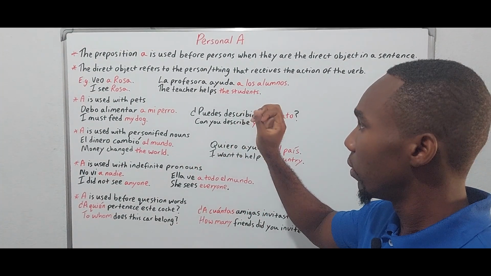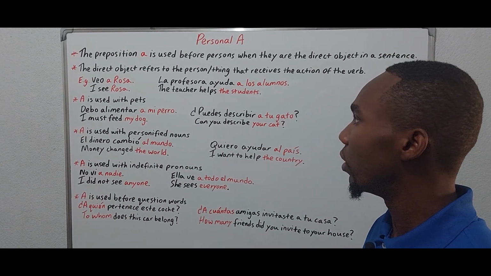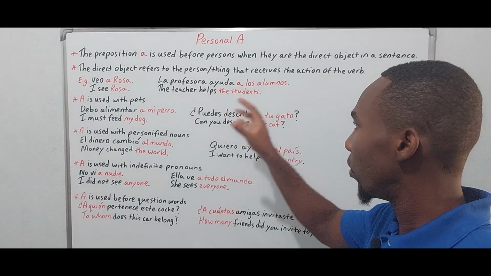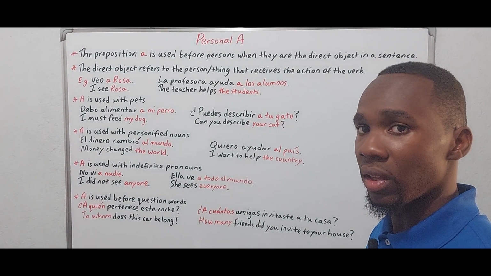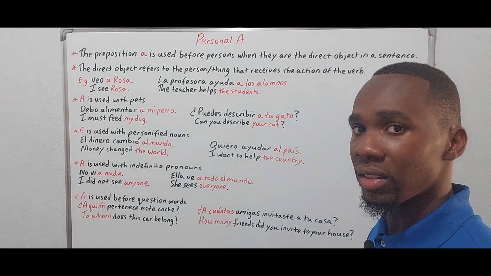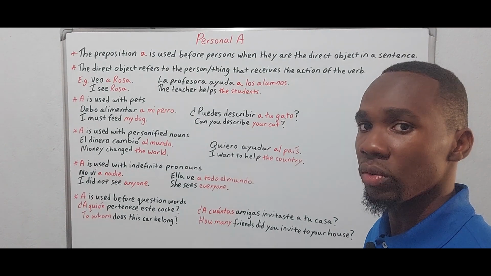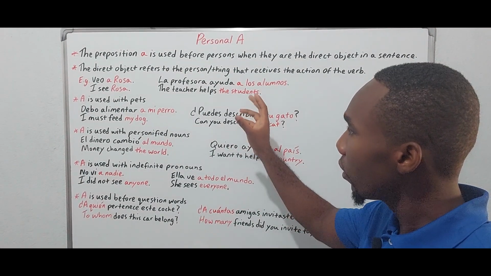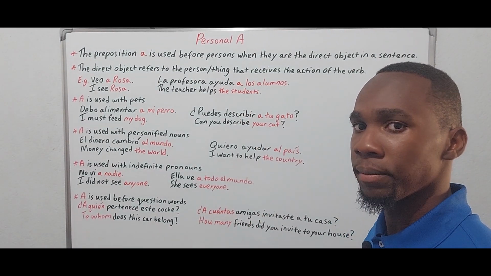That's right. La profesora ayuda a los alumnos. The teacher helps the students. A los alumnos who receive the assistance, who receives the assistance? Los alumnos, the students. So the students would be our direct object.